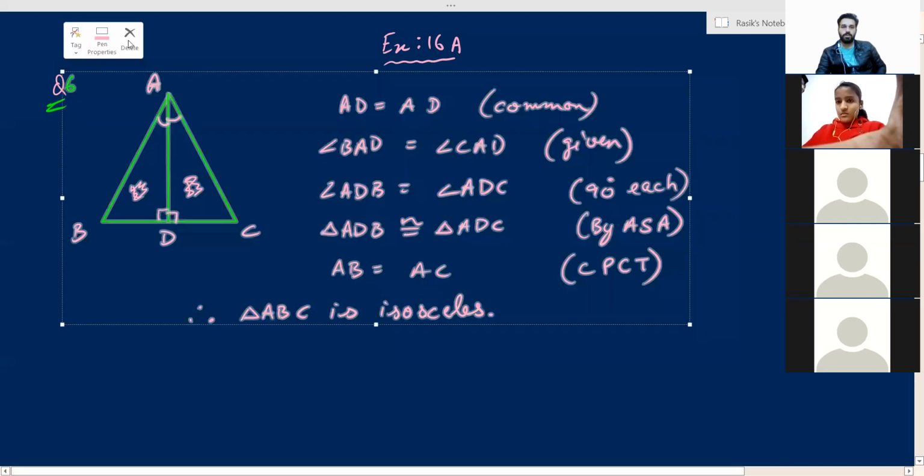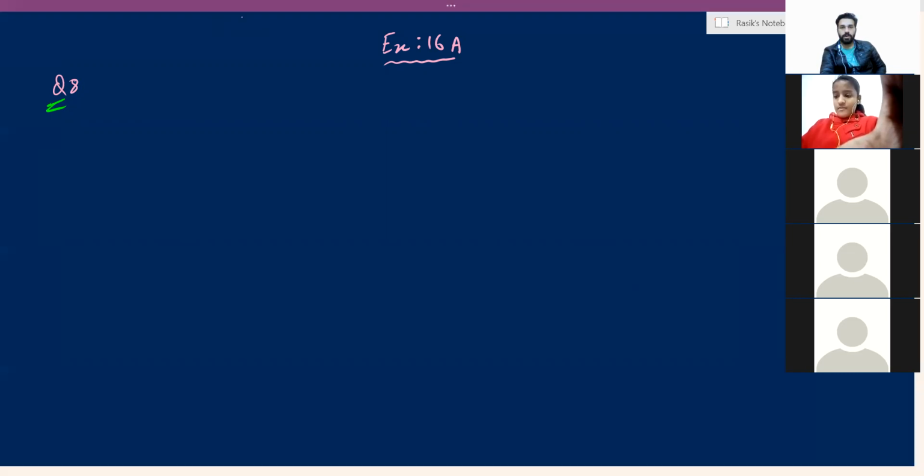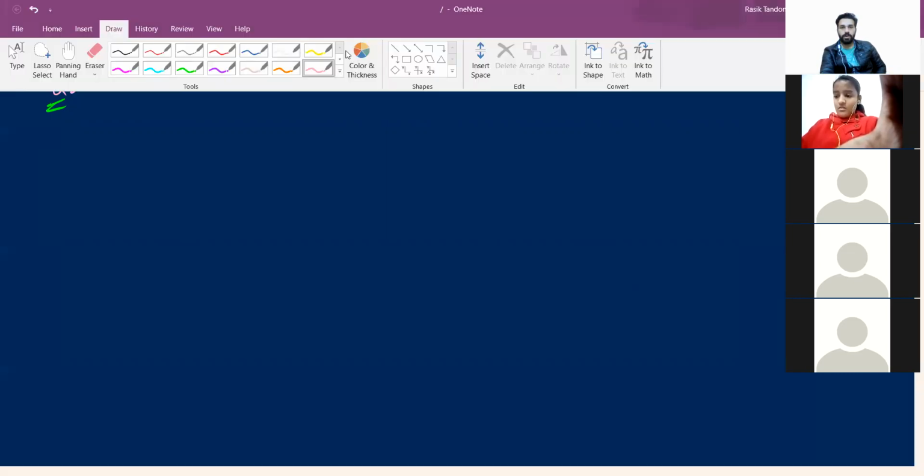Not very difficult, but they require a little bit of attention. And also, if you pay full attention in the class, how we are doing it, what are the reasons, if you focus on each and every step and each and every reason, you will not find it difficult at all.